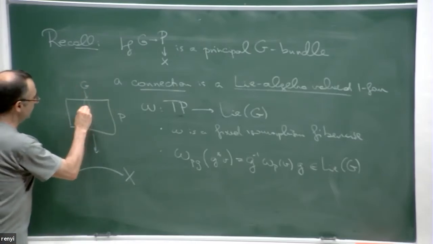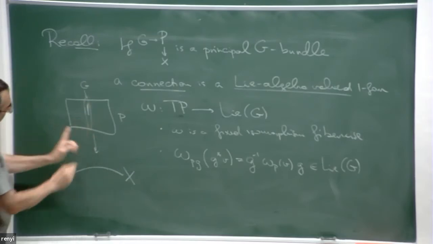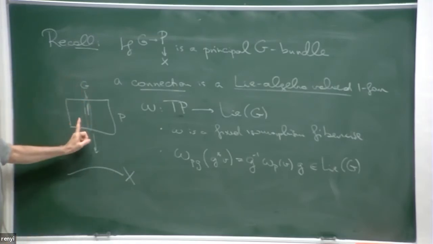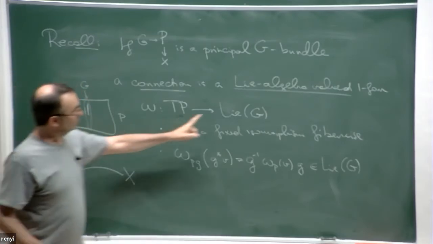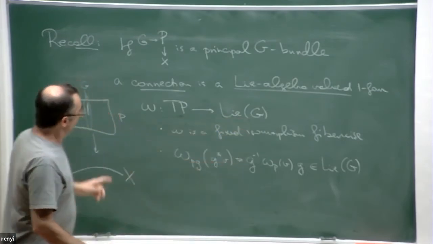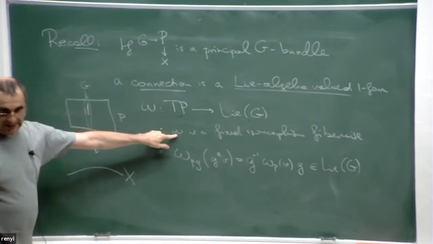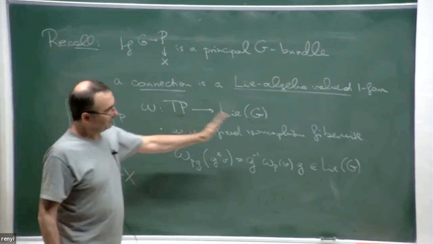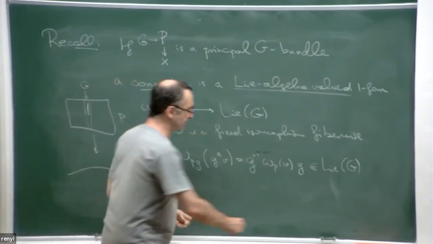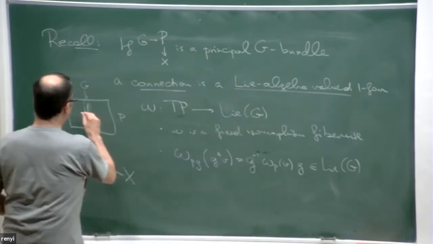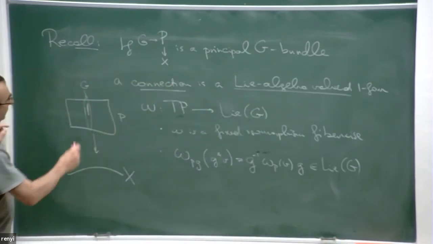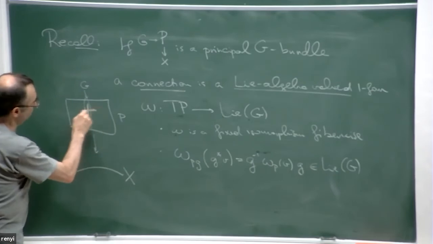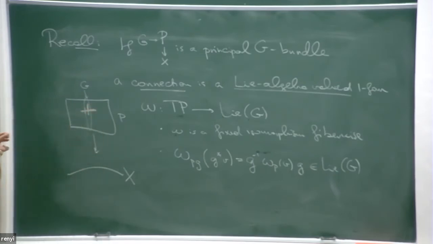So a tangent space, which is vertical, which is tangent to the fiber, is canonically isomorphic to the Lie algebra. So for my one form, I demand that along the fiber, it should be that fixed isomorphism. What happens in the orthogonal direction? Well, we don't know. So we can take the kernel of this omega, and this will be a direct summand in the tangent space.